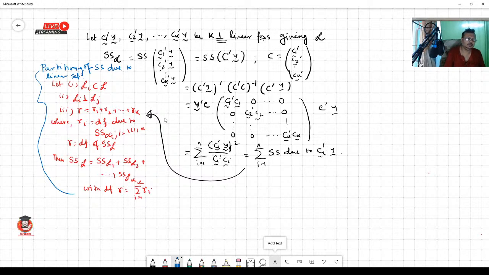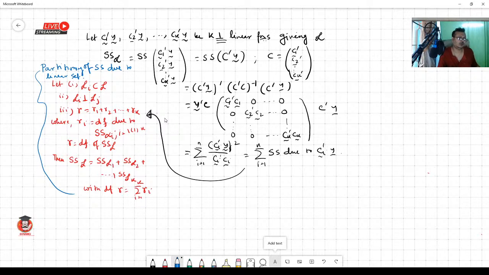For example, if you consider one-way ANOVA, there are only two sources of variation: one is error, another is factor, or you can say group or treatment. And if you consider two-way ANOVA, then you can split into three parts: variation due to block, treatment, and error.